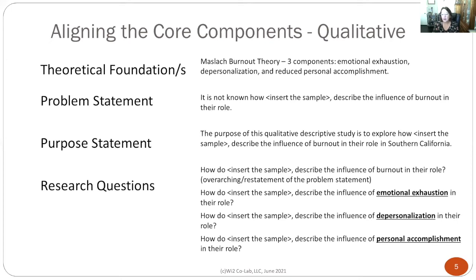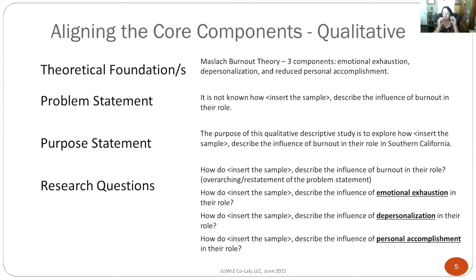It is not known how. How is the indicator that this is a qualitative study. And then in this case, we're going to insert our sample. You might have, how do teachers do it? How do counselors do it? How do call center representatives do it?